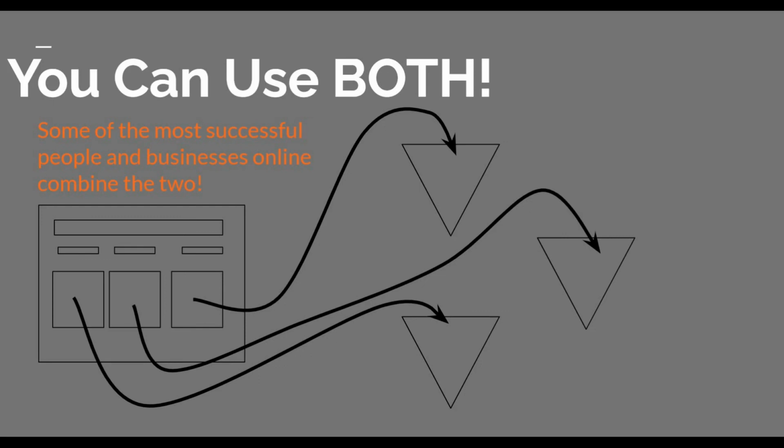But the website's also giving you all the benefits of having one place for people to go to, whether they're new to your brand or they've bought from you before and they want to buy again. It gives them that central location to go to, and it works well in search engines, but then it feeds them into a sales funnel so that you can get the best of both worlds. You can get people to find you on search and get the most money from each sale. That's it. That's the difference between a sales funnel and a website.